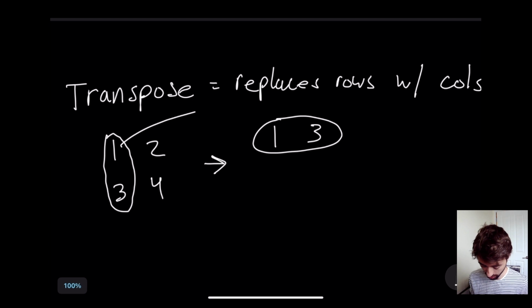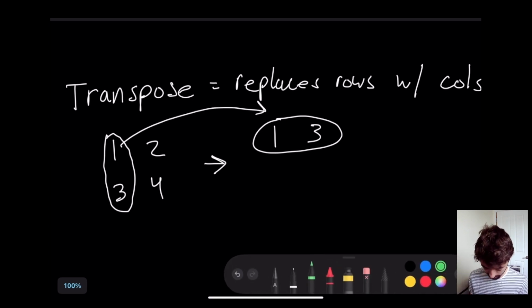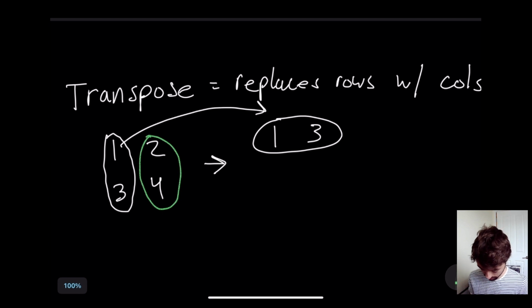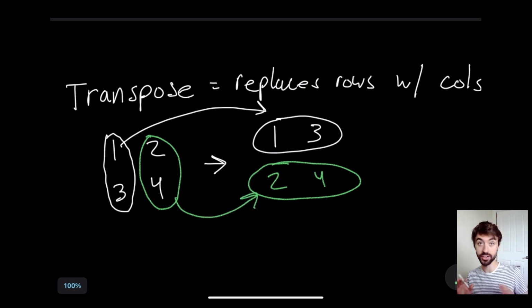So we've turned the column into a row, and we do the same thing for the other one. We take 2, 4, and we write 2, 4, like that. So this is a transpose. It switches the rows and the columns. And transpose operations are used in linear algebra and mathematics to rotate matrices.